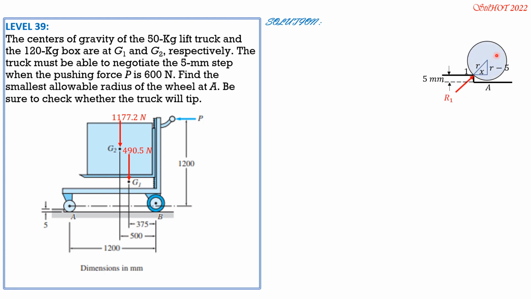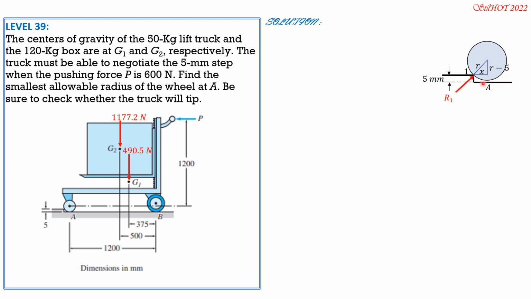So I enlarge this wheel here. This is 5 mm, this is the reaction, and this corner I call point 1. So the radius is R. I'll call this distance X, and this is R minus 5, of course.